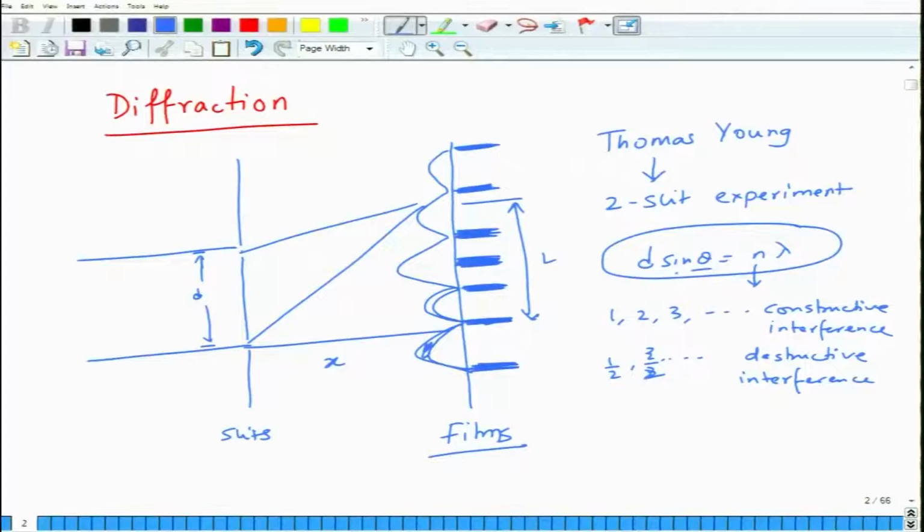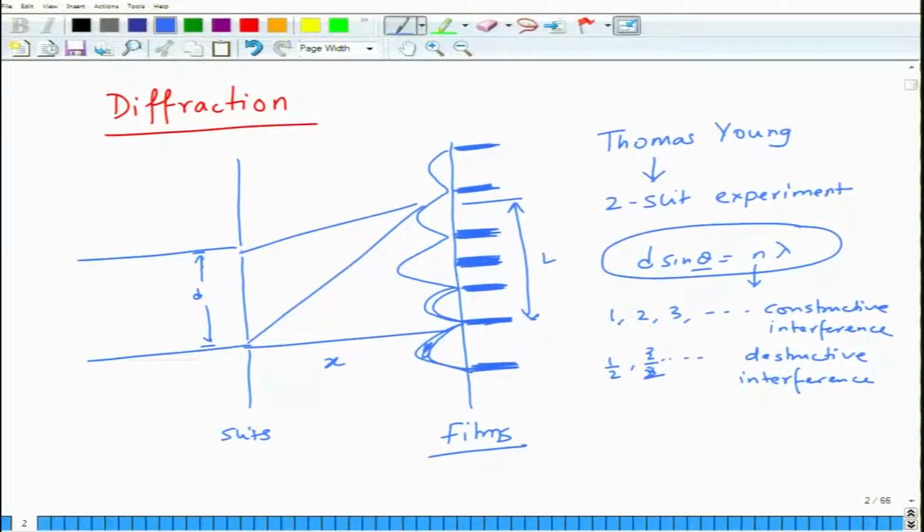So, in Thomas Young's experiment, he conducted the experiment with visible light. The slit dimension was same as that of a light, because you can see from this relation d sin theta is equal to n lambda. Since sin theta cannot be beyond plus and minus 1, the d and lambda should be comparable to each other. So, in his case, the slit spacing was comparable to the wavelength of light.